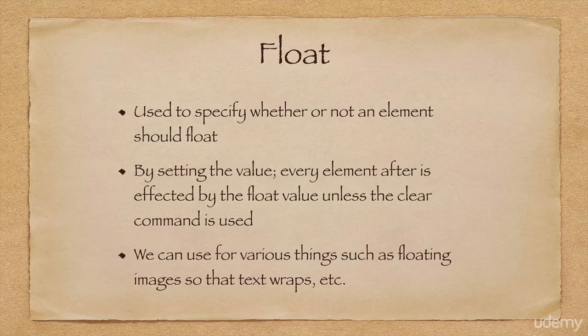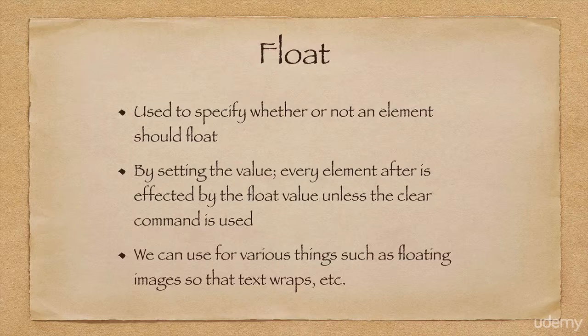You will use float, say float left as an example, within your class or ID CSS, and what that does is it takes the object, let's call it an object, but the ID or the class element, and it will float it to either the left or the right or whatever you specify.